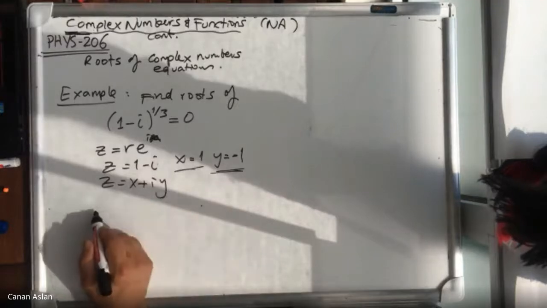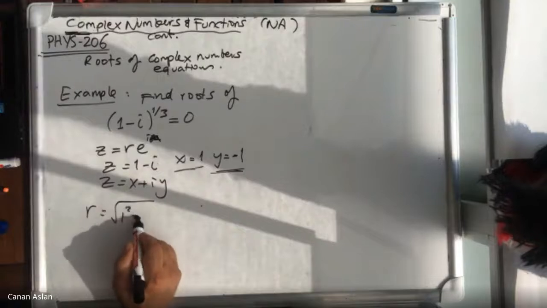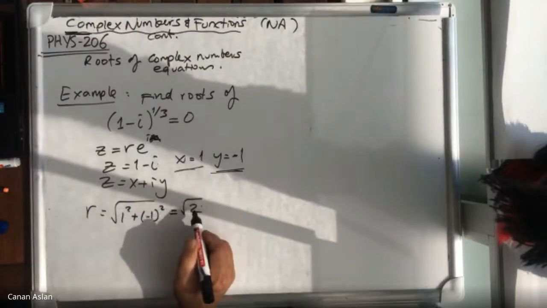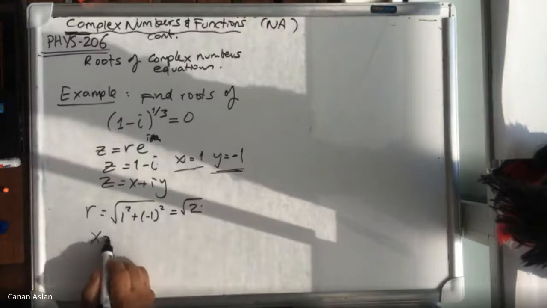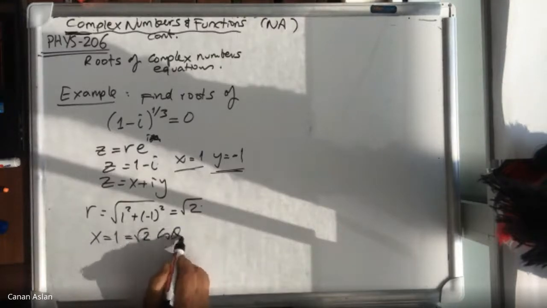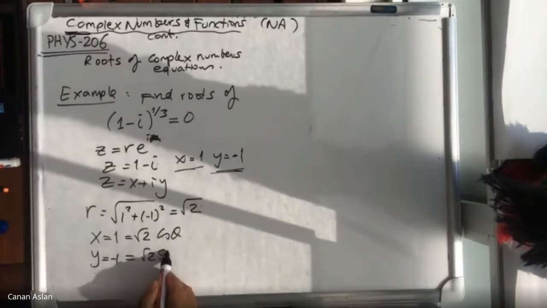In this case, r is the square root of the squares of these: 1 squared plus (minus 1) squared gives you square root of 2. And the angle now should give you this. So if x equals 1, it is square root of 2 times cosine theta. And y equals minus 1, it's square root of 2 times sine theta.